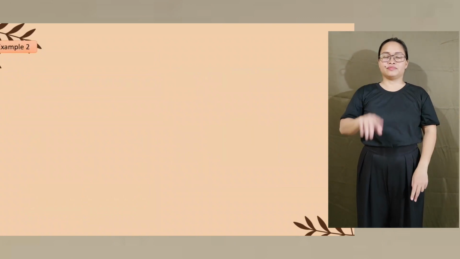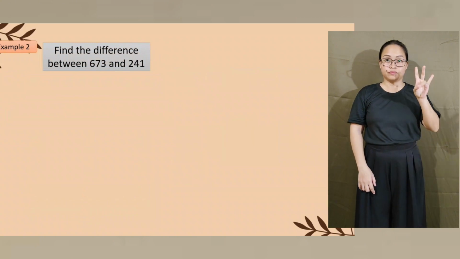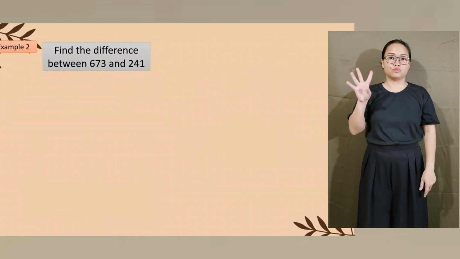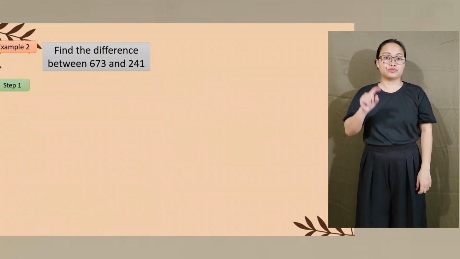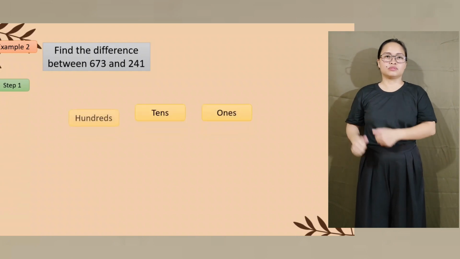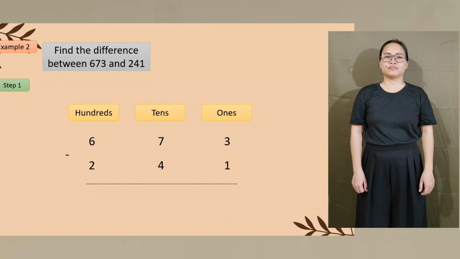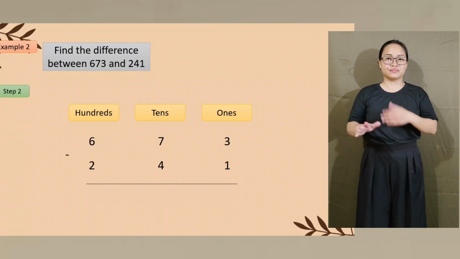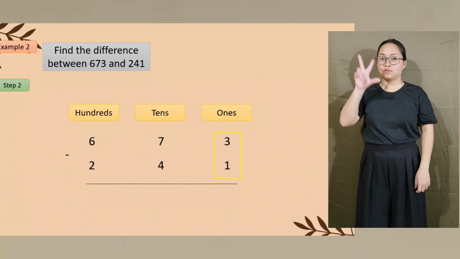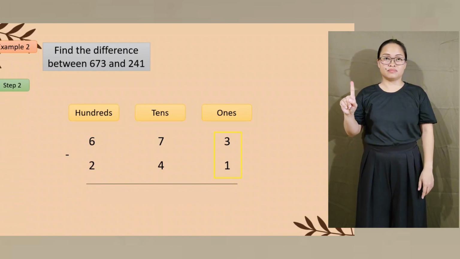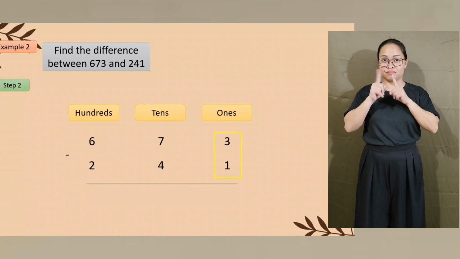Example number 2. Find the difference between 673 and 241. Now following the steps, let's align the digits to the respective places. Then, step 2, start subtracting in ones place. So 3 minus 1, let's take away 1 from 3, we get 2.